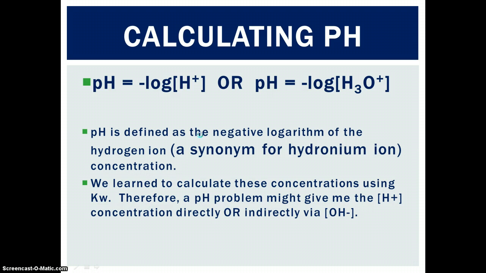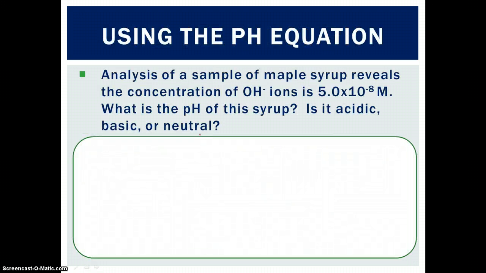Let's do a few examples. Here's the first example. You have a sample of maple syrup with a hydroxide ion concentration of 5.0 times 10 to the negative 8. You want to know the pH of this solution. Okay, let's pull up the definition of pH. pH equals minus log of the hydrogen ion concentration.